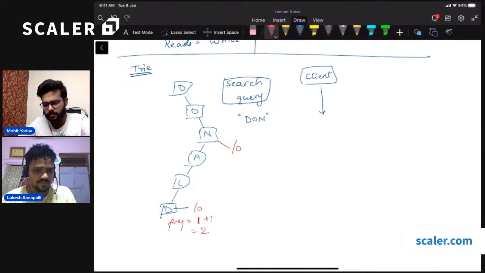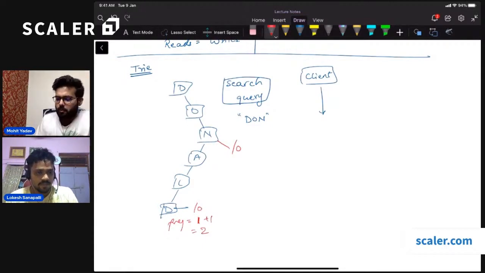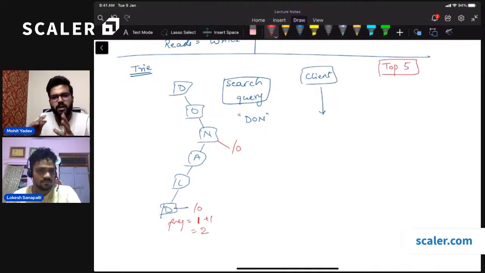What is the complexity of your current solution? The problem is that when I want the top five, I actually have to traverse the whole tree.